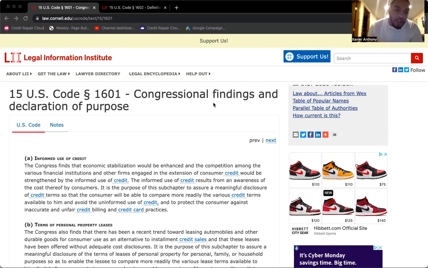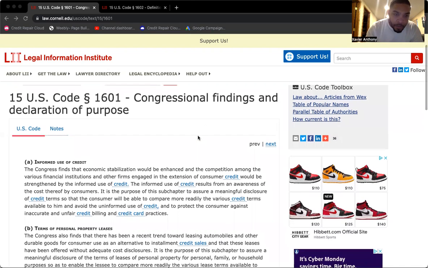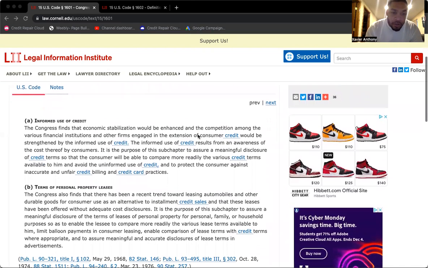So B says terms of personal property leases. The Congress also finds that there has been a recent trend toward leasing automobiles and other durable goods for consumer use as an alternative to installment credit sales, and that these leases have been offered without adequate cost disclosures.